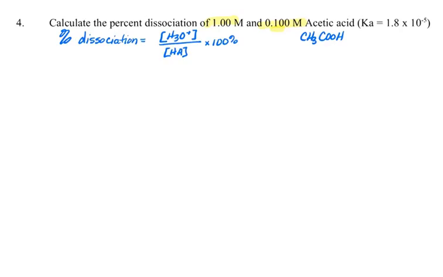Let's do the dissociation of it. It's weak, and I'll write it in this order just so that you see that hydrogen first, but it doesn't really matter which way you write it.